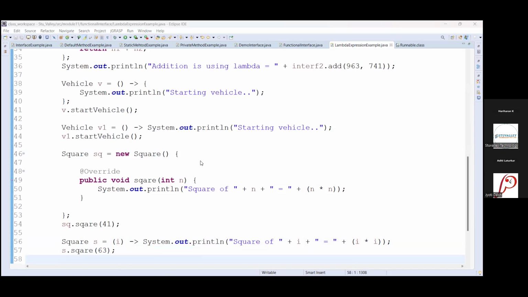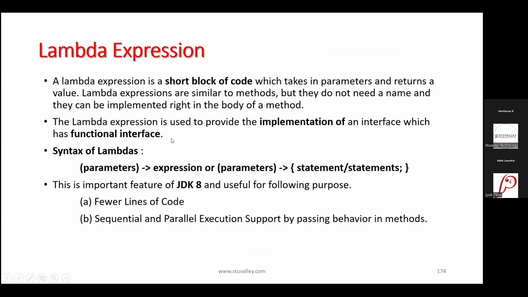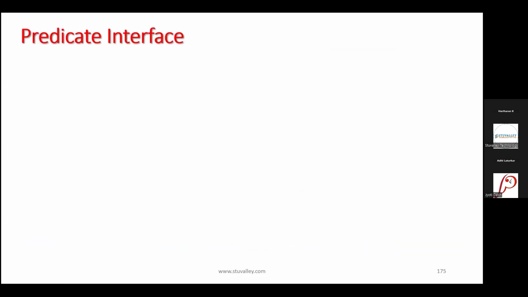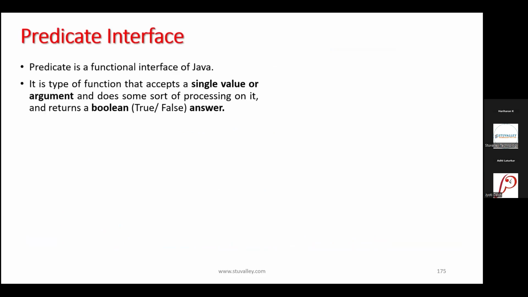Now, as I said, there are built-in functional interfaces. The first interface is the Predicate interface. The Predicate interface is a functional interface and it is defined in the java.util.function package.